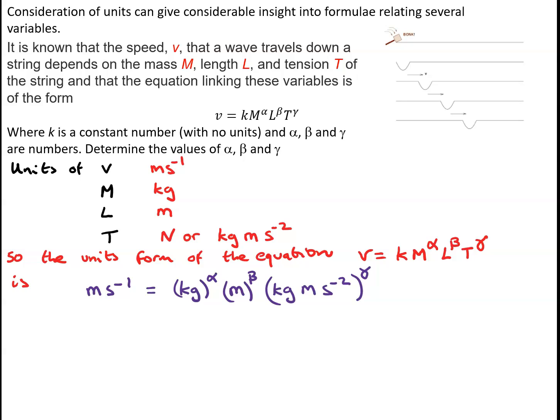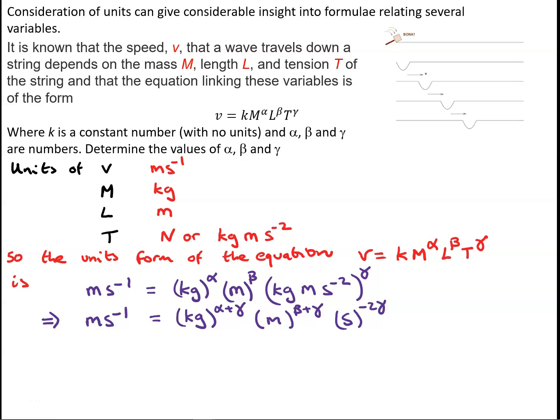Now if we simplify the right hand side, we've got kilograms to the alpha times kilograms to the gamma, so that's kilograms to the alpha plus gamma. We've got meters to the beta times meters to the gamma, so meters to the beta plus gamma, and we've simply got seconds to the minus 2 to the power gamma, so that is seconds to the minus 2 gamma.